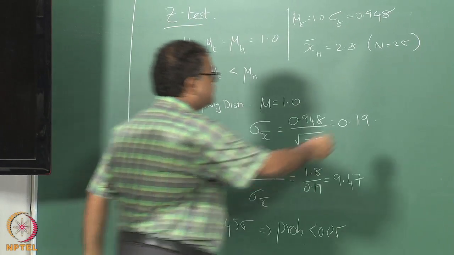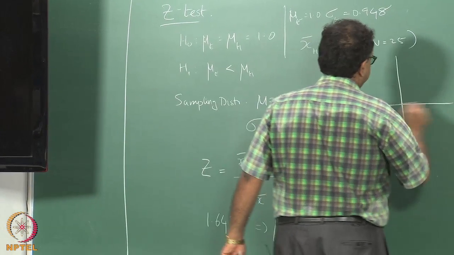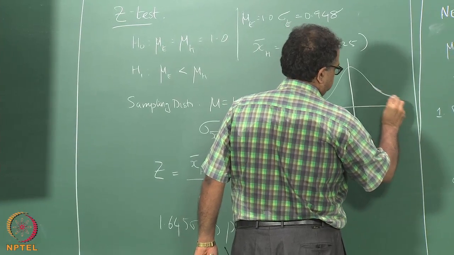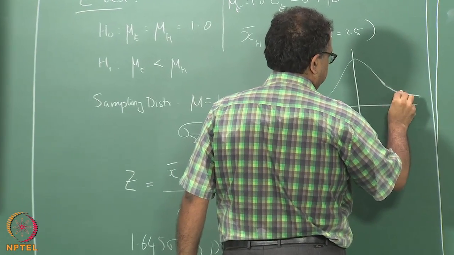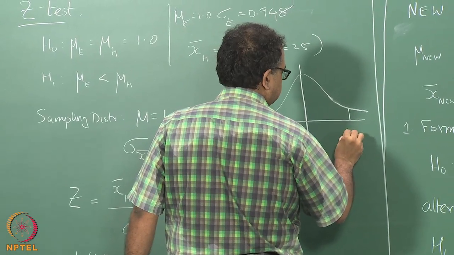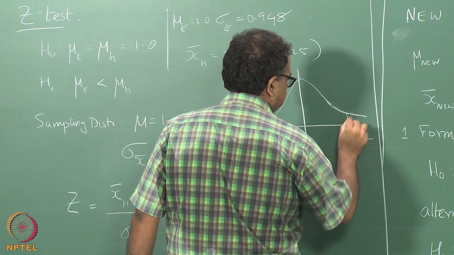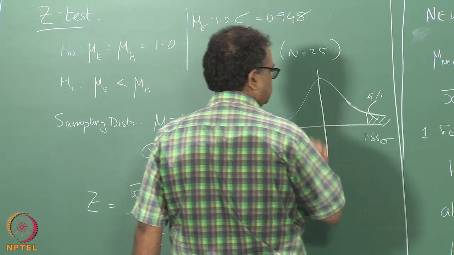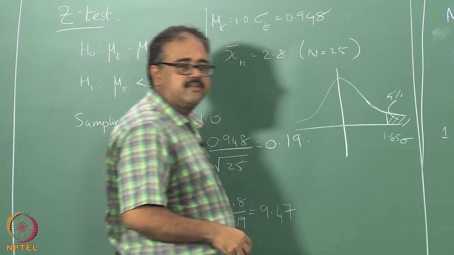So basically what it means is, this side is 95%, right.